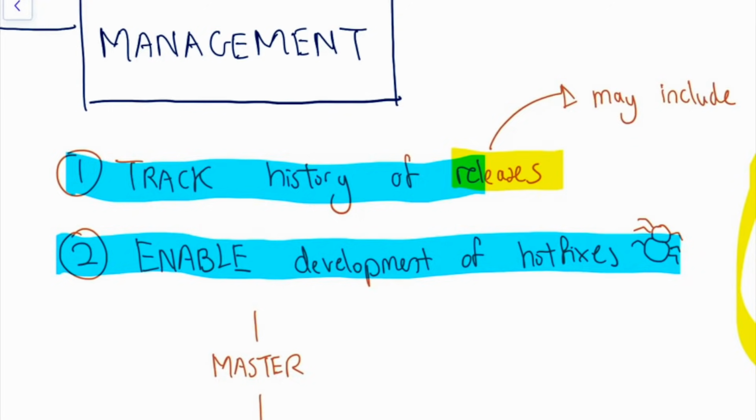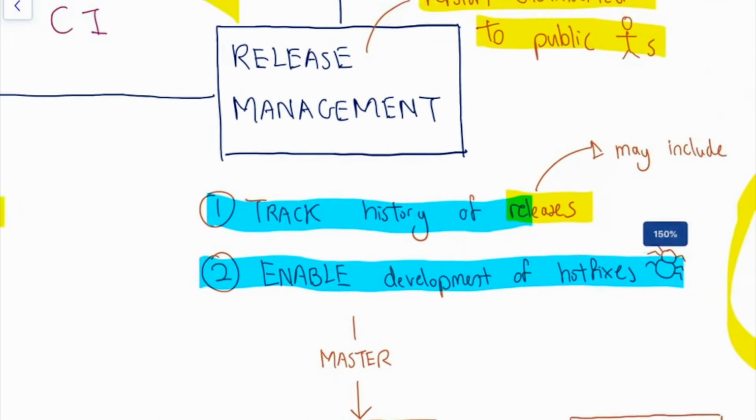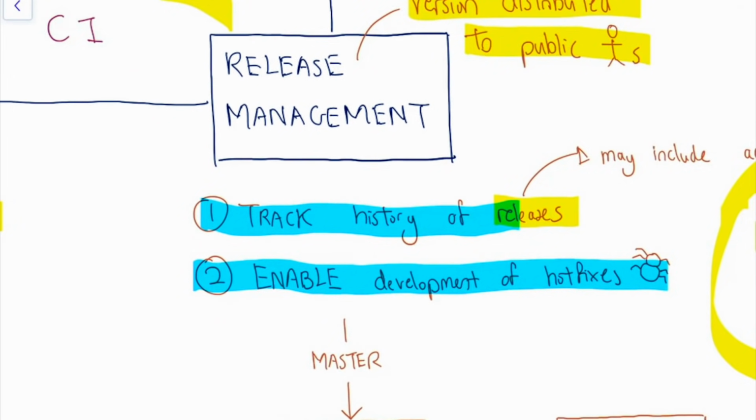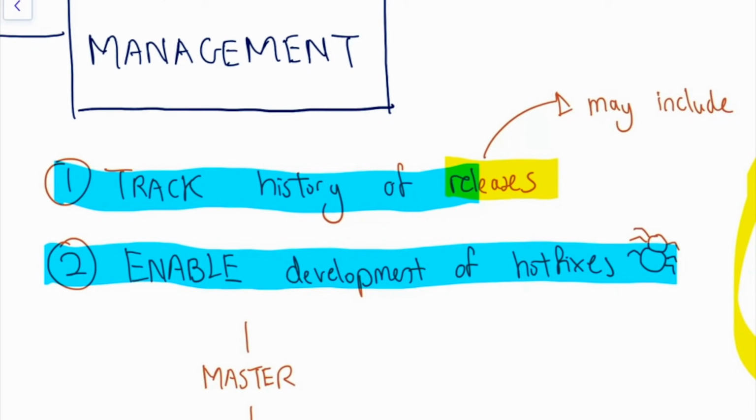Why this is separated from normal version management is that here it needs to be hot. It's hot on our heels because it's released. People expect that it works properly. So once there are bugs, we need to quickly branch off and fix it and then push it back into production.